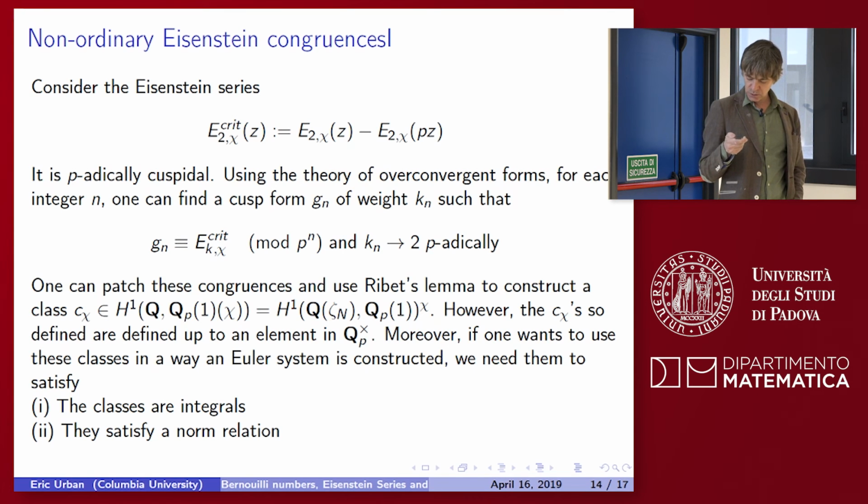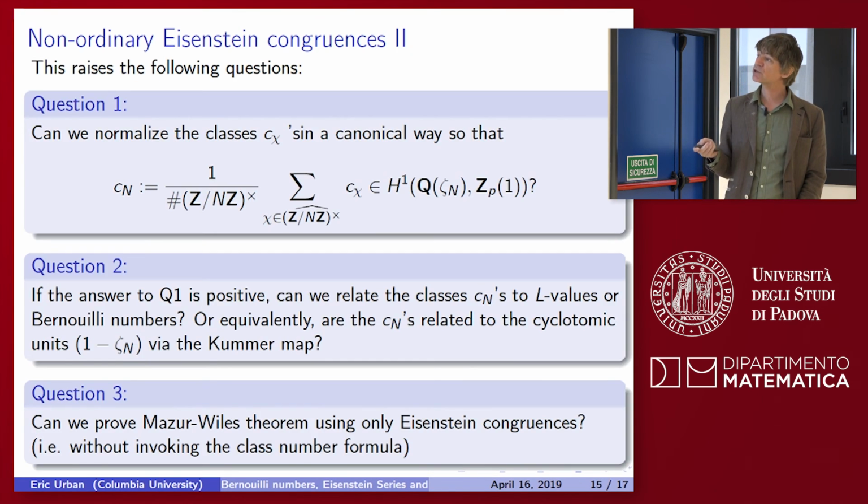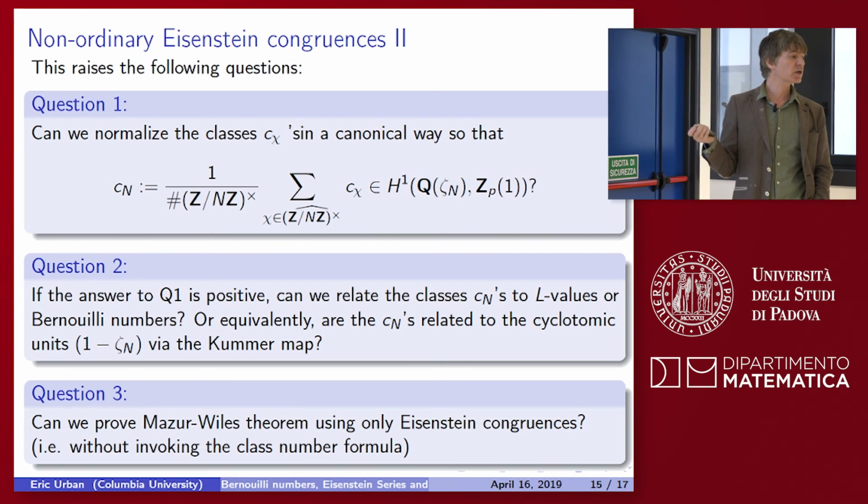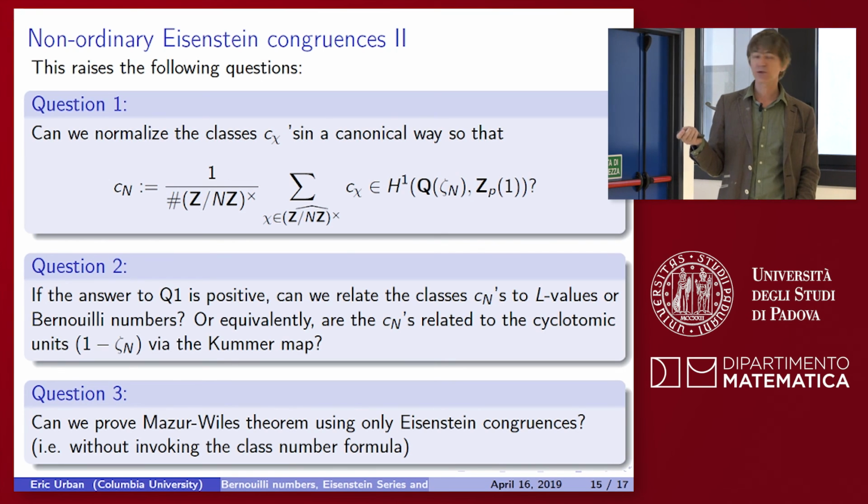So this leads to the following questions. The first question is the following. Can we normalize the class C chi in a canonical way so that if you consider Cn, defined by 1 over the size of (Z mod nZ) cross times the sum of the C chi when chi runs inside the Dirichlet characters modulo n, then you get something which is integral?